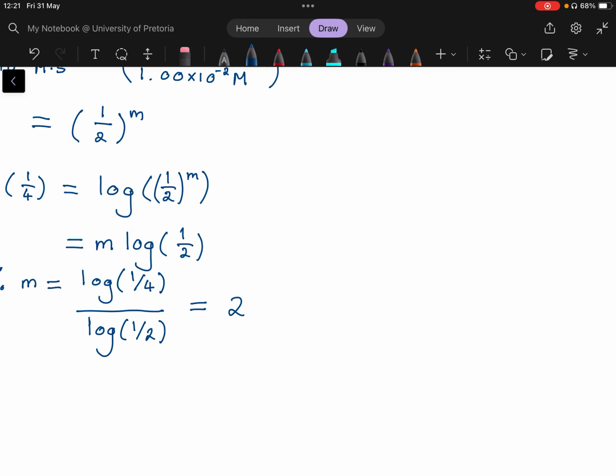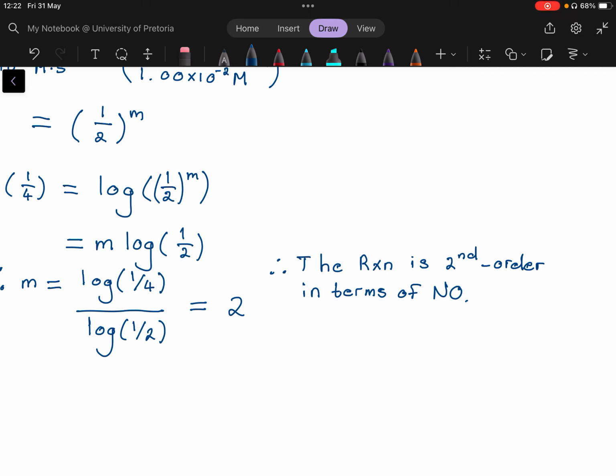So this means, therefore, the reaction is second order in terms of NO, right?